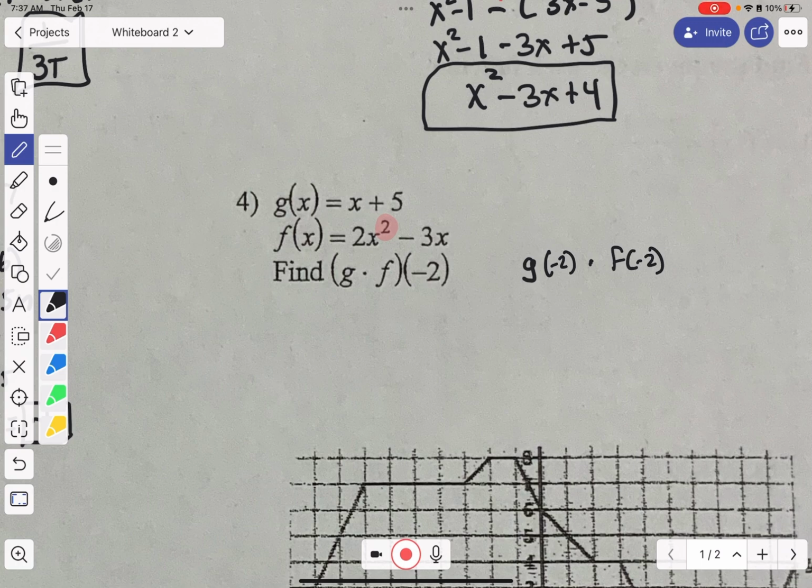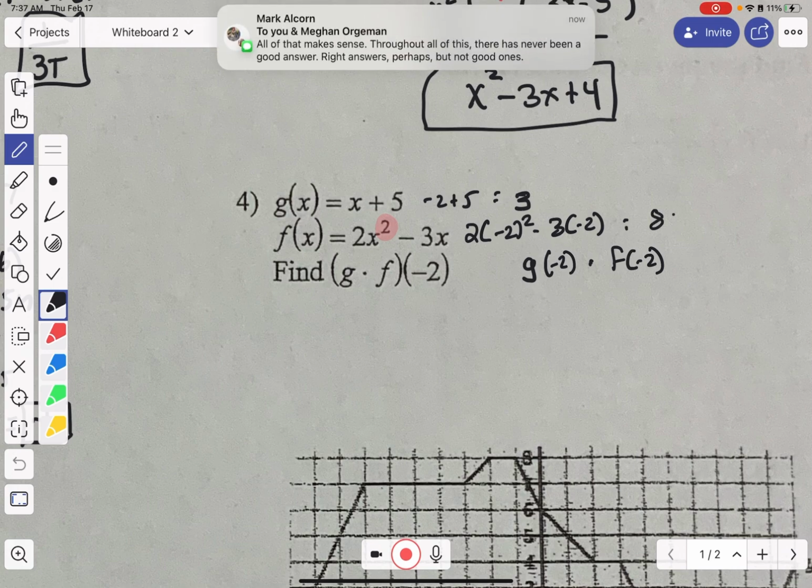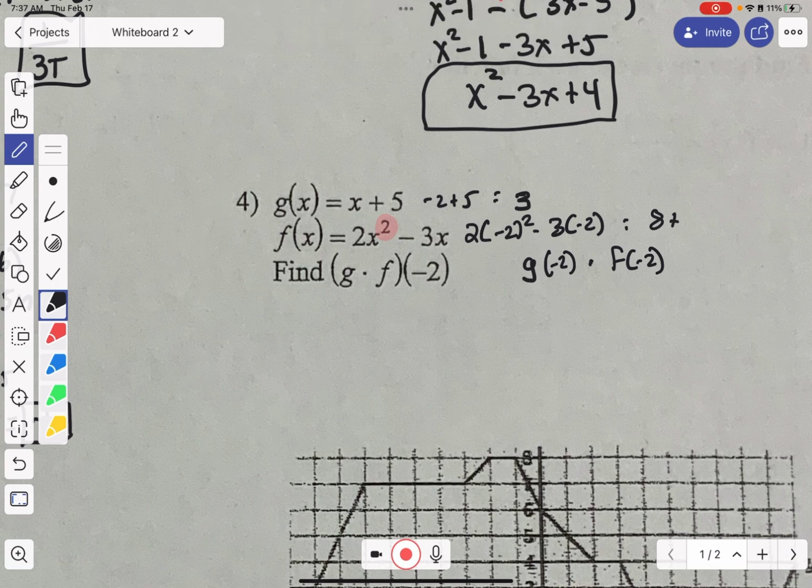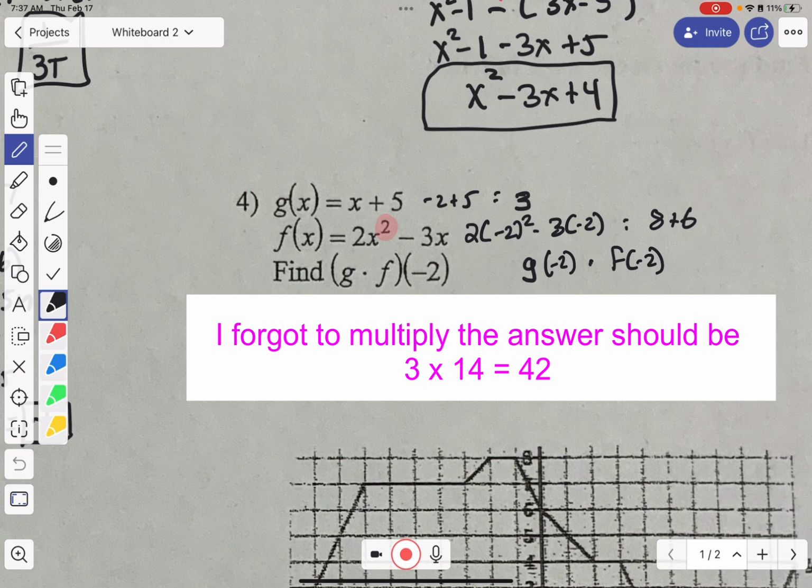So negative 2 plus 5 is 3. 2 times negative 2 squared minus 3 times negative 2. Follow order of operations. Negative 2 squared is 4. 4 times 2 is 8. So that's 8 plus 6, which is 14 for number 4.